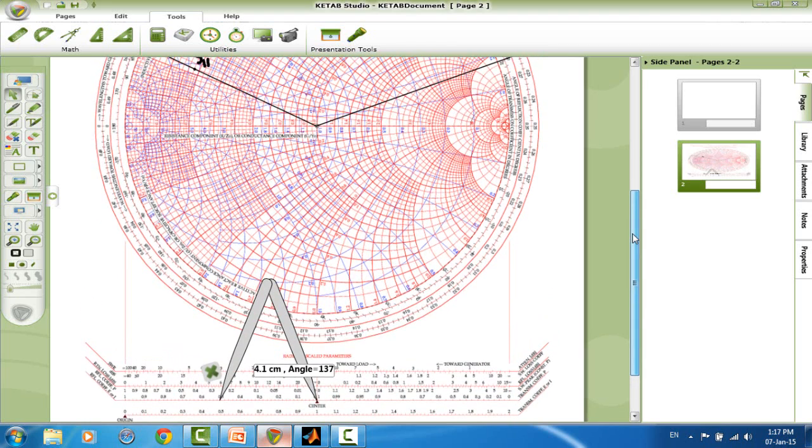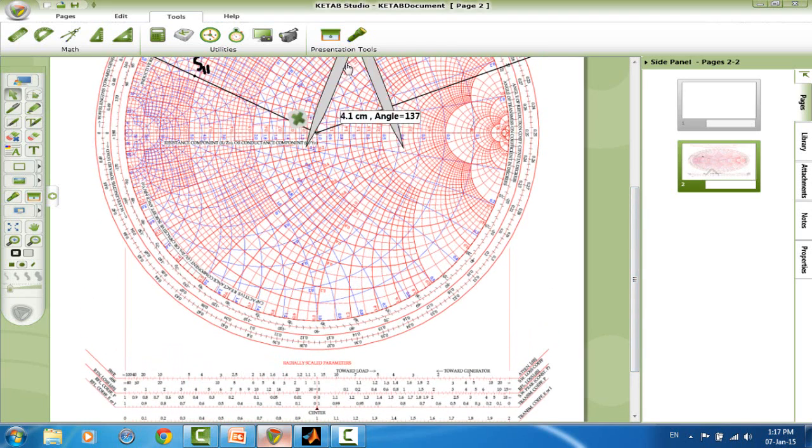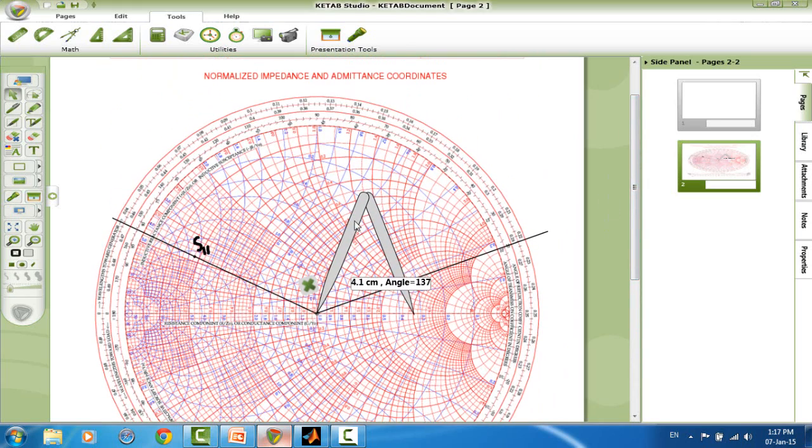Take the compass, put it at the origin, and draw a point.